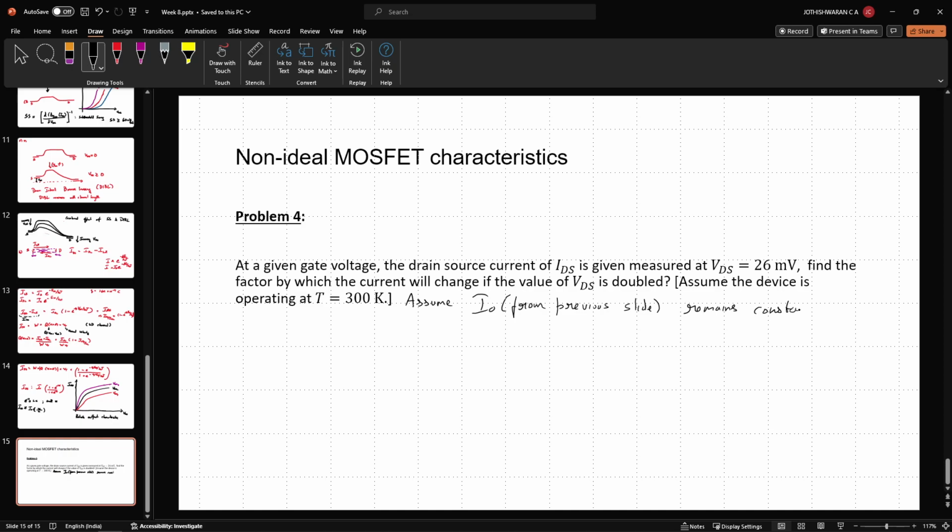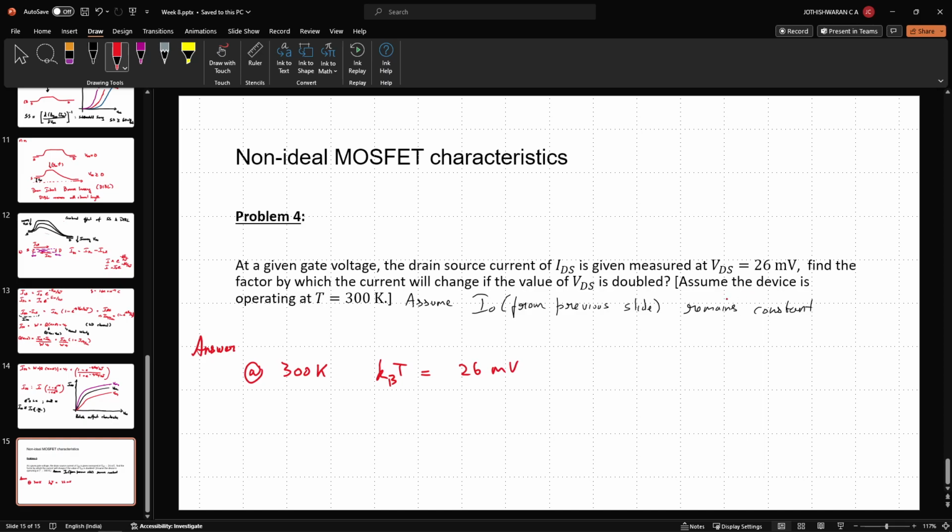So now there is a reason why I've chosen the values that I've chosen. We should know by now, and we can also assume that this device is operating at T equal to 300 Kelvin. So the first thing we have to notice is, at 300 Kelvin, kBT is approximately 26 millivolts.